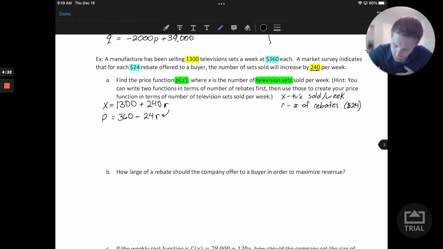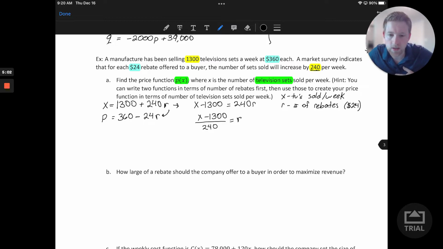Rewriting that quantity equation, we have that X minus 1,300 is equal to 240 R. Dividing by 240, we get that X minus 1,300 divided by 240 is equal to R. So that's the rebates in terms of our quantity. This is what we can substitute into my price equation.